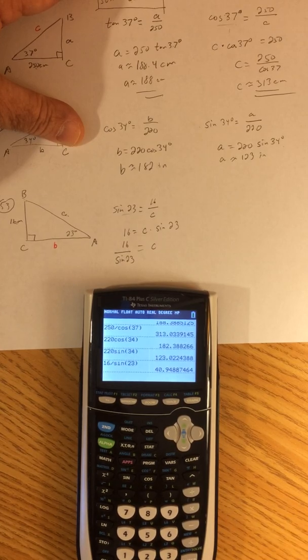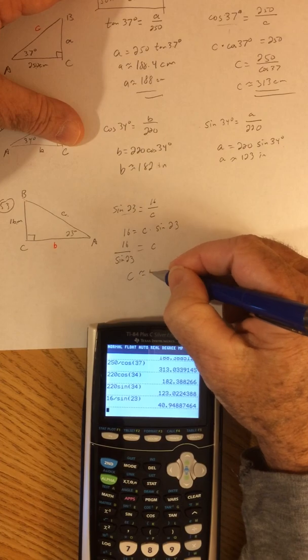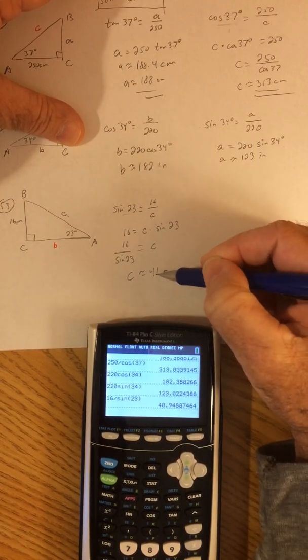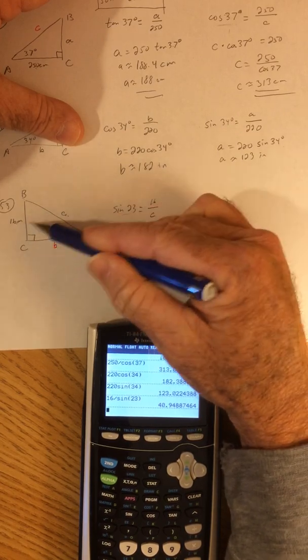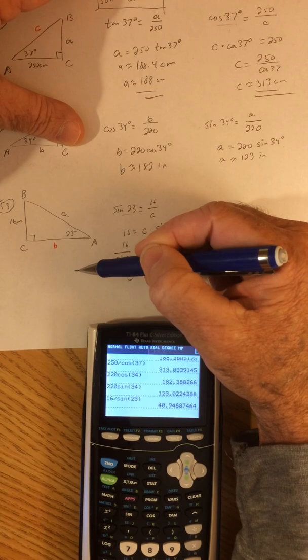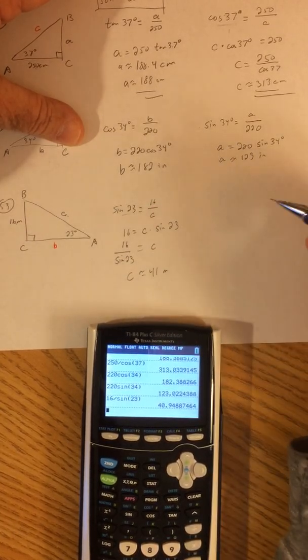Okay, 40.9. Or C is approximately equal to 41 meters. Now that makes sense. This number, seeing how it's a hypotenuse, should be larger than that one. It's significantly larger because 23 is not a very big angle. So C should be significantly larger.